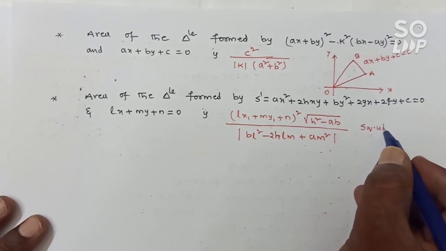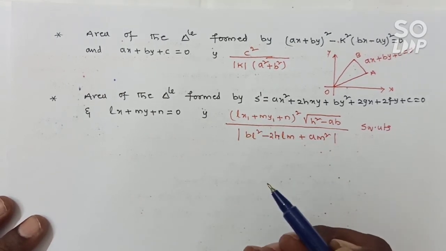Now in this one, what is meant by x1 comma y1?